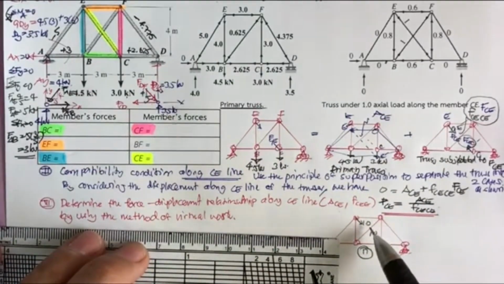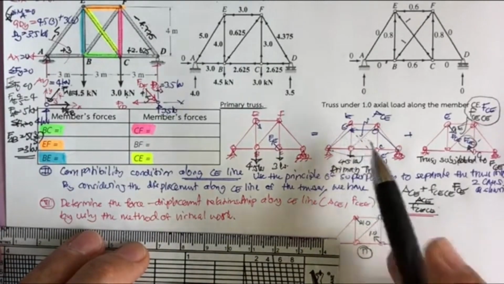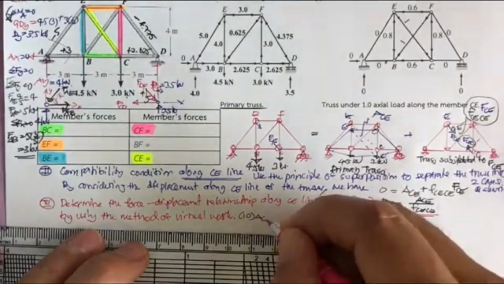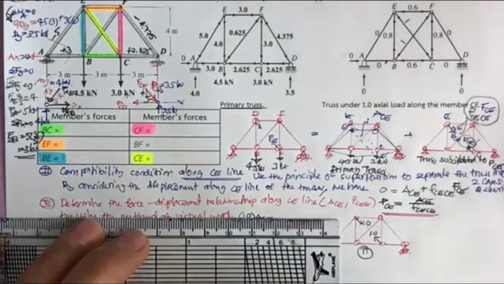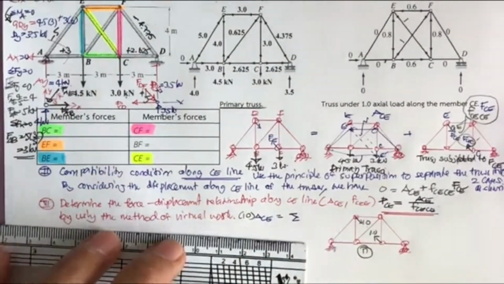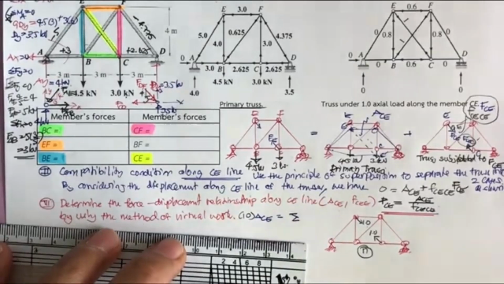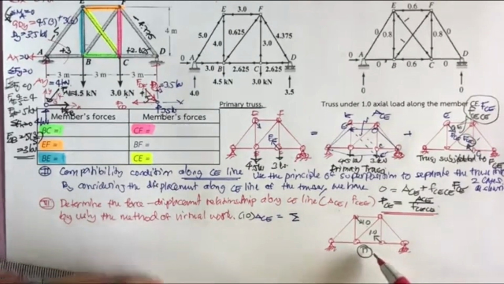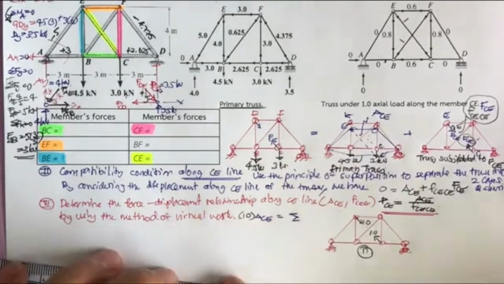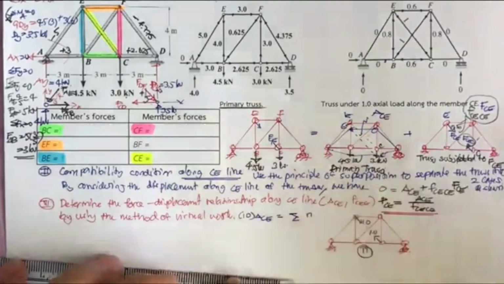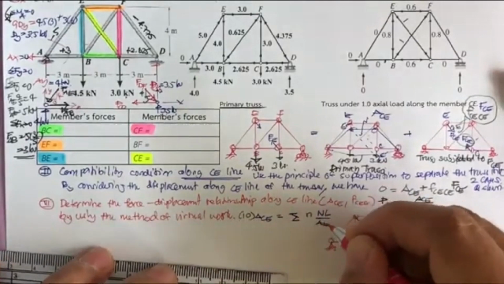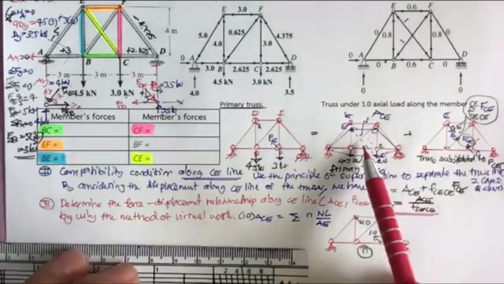What we have is this 1.0 times this displacement, delta sub CE. This is going to be the external virtual work. And then we know from the previous chapter, this is going to equal the internal virtual work, which is n times the change in the length of each member. So it's going to be n times NL divided by AE. That is the first one to determine this.